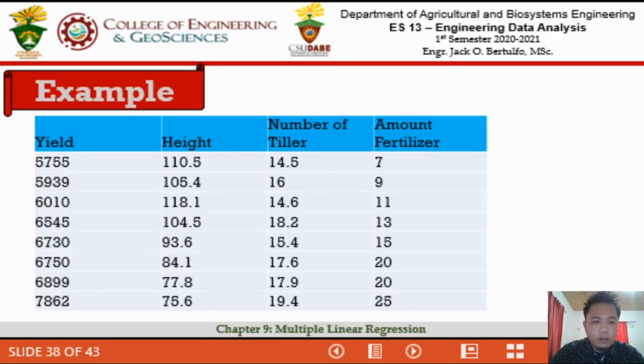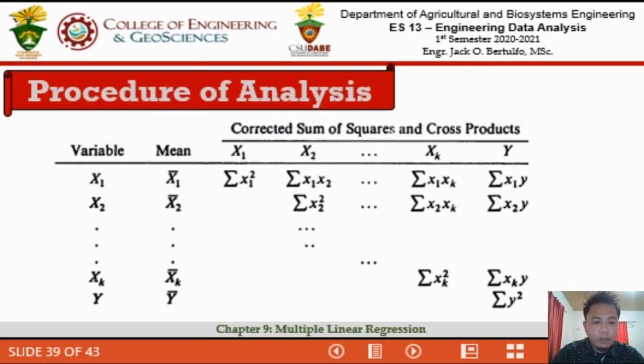Okay. So we have this table, a set of data. So we now have an additional value, which is the amount of fertilizer. Now from here, the table goes from two independent variables to three. Okay?